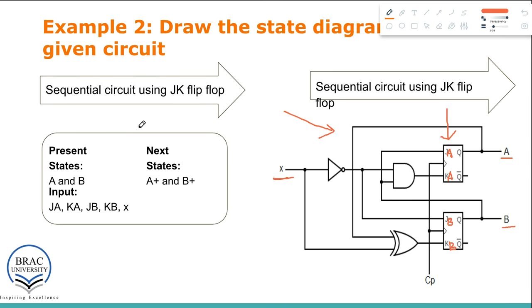So these are the initial steps, and now we are going to find the equations for the flip-flop inputs, that is, the equations of JA, KA, JB and KB. If you take a look, JA came directly from this part, so JA equals B, and this is what is written here.